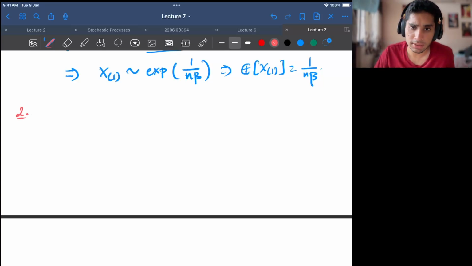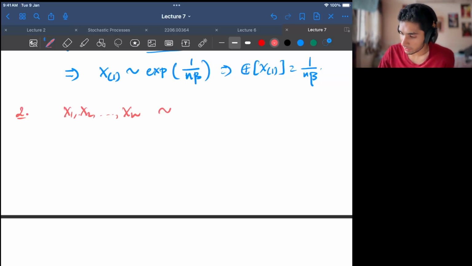Okay, so let us look at the second question. This is just a simple definition question. Nonetheless, I will mention it because it might be useful to us. So x1, x2 till xn are all IID standard normal distribution, normal 0, 1.